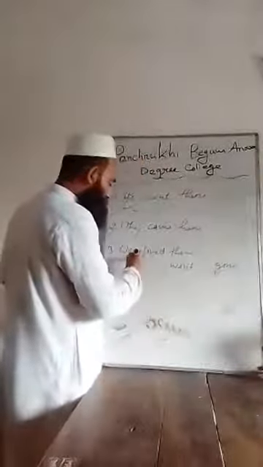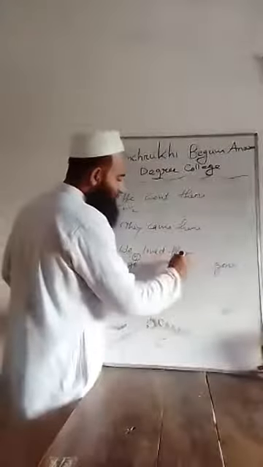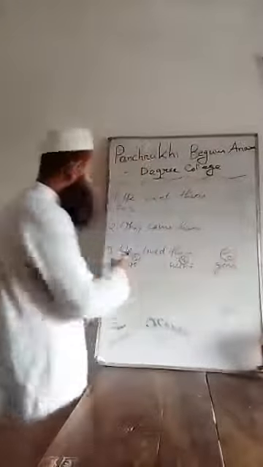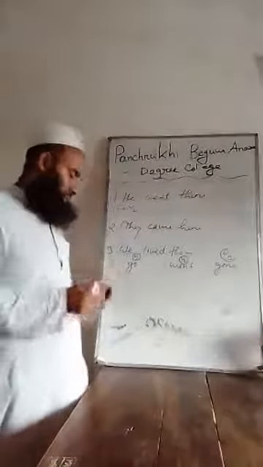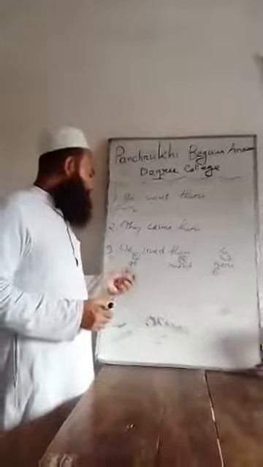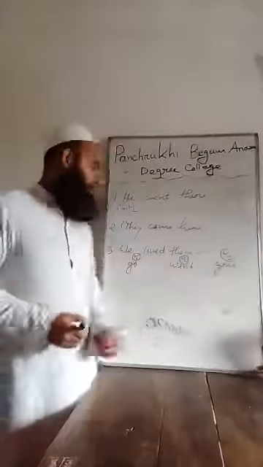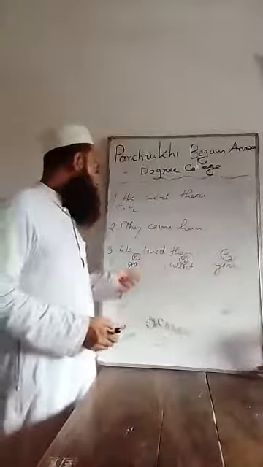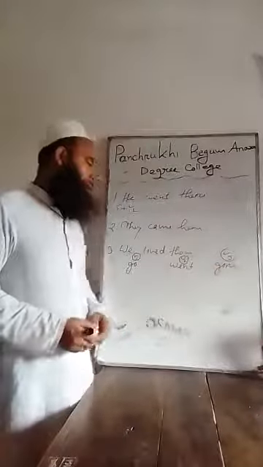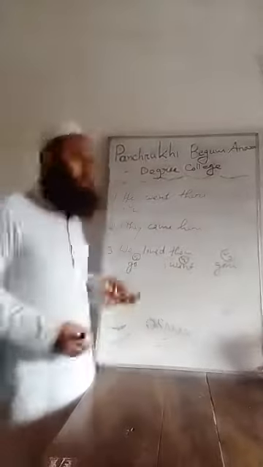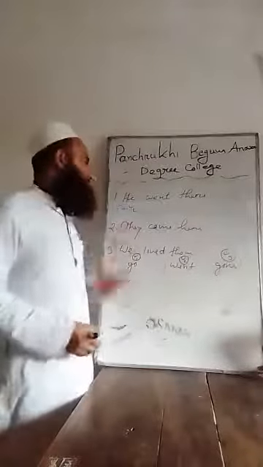This is called verb 1, verb 2, verb 3 in English. If you find after the subject the second form of verb, this is past indefinite.